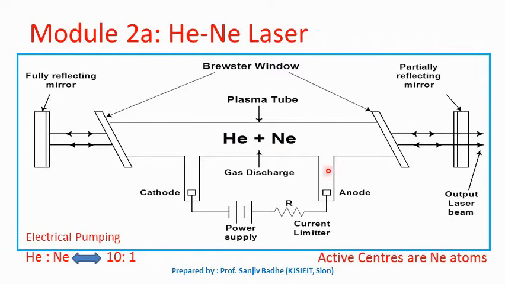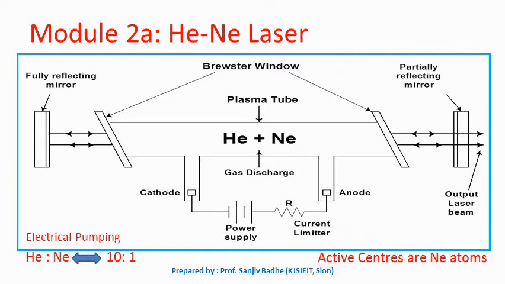As the electrons pass through the gas, they may collide with these gaseous atoms and transfer their energy to the gas atoms, and as a result of this, gas atoms can be excited to the higher energy levels. So the type of pumping used here is electrical pumping. Gas lasers usually use this type of electrical pumping.